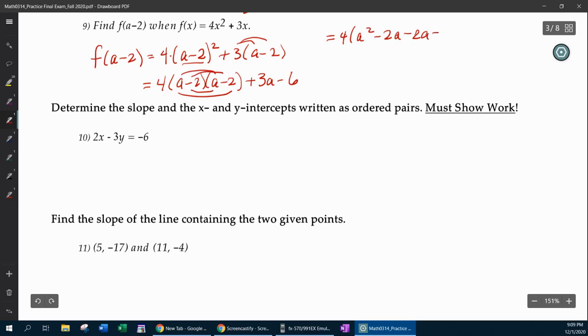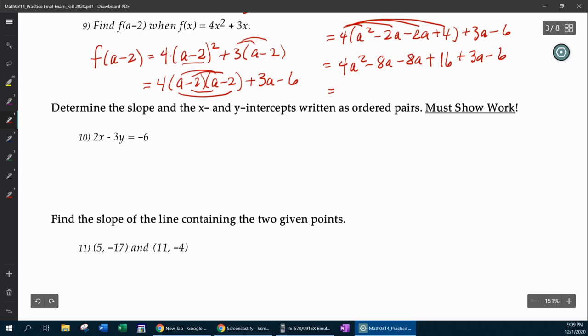Last but not least is a positive 4, plus 3a minus 6. And then the 4 is going to need to distribute. 4a squared minus 8a minus 8a plus 16 plus 3a minus 6.